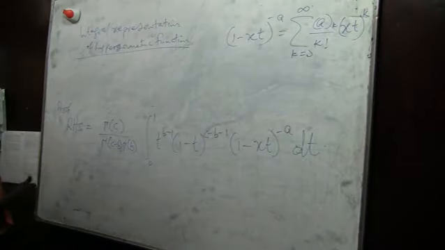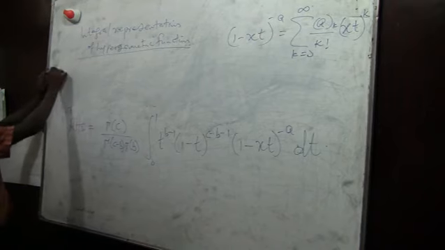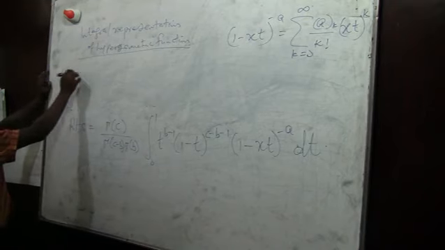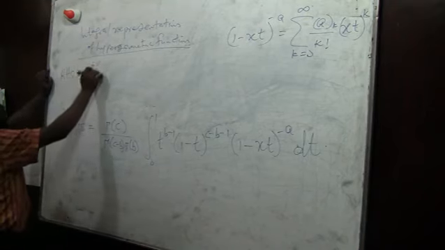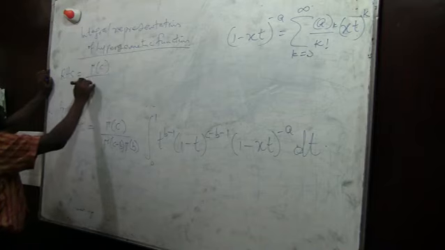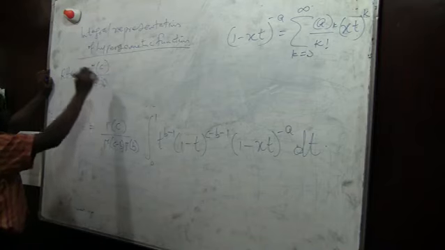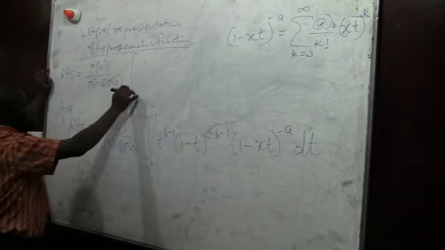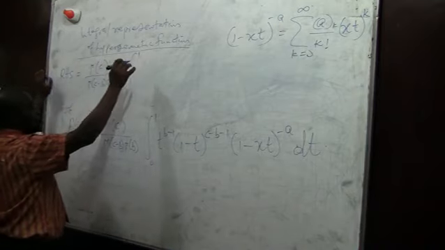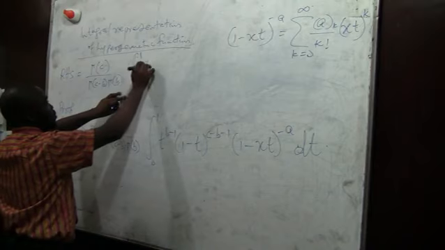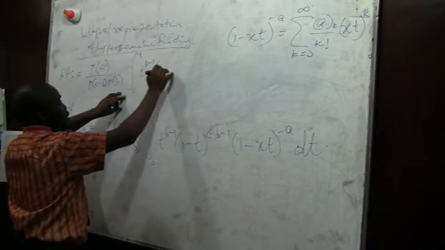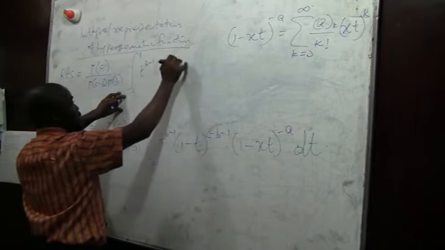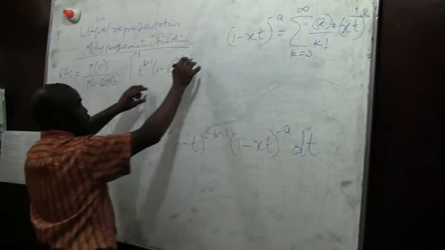Now, bring it back to the integral. We're going to have the right hand side equals gamma function of c divided by gamma function of c minus b, gamma function of b, integral between 0 and 1 of t raised to the power b minus 1, 1 minus t raised to the power c minus b minus 1.